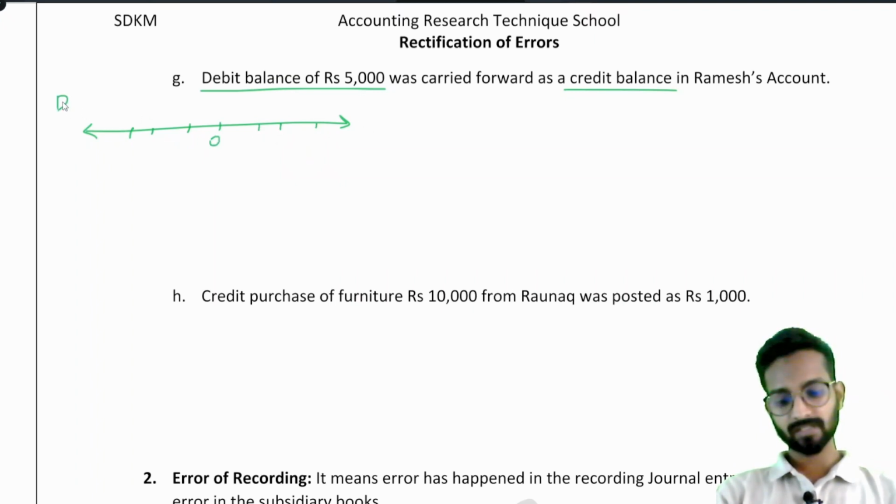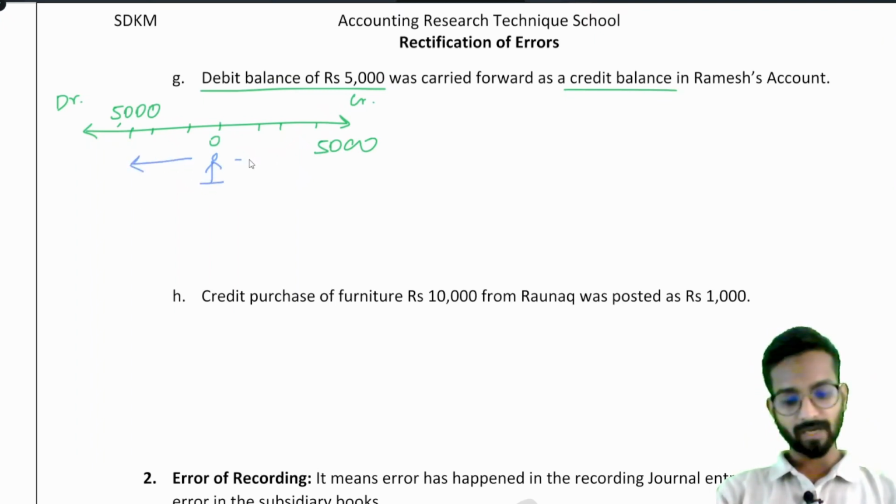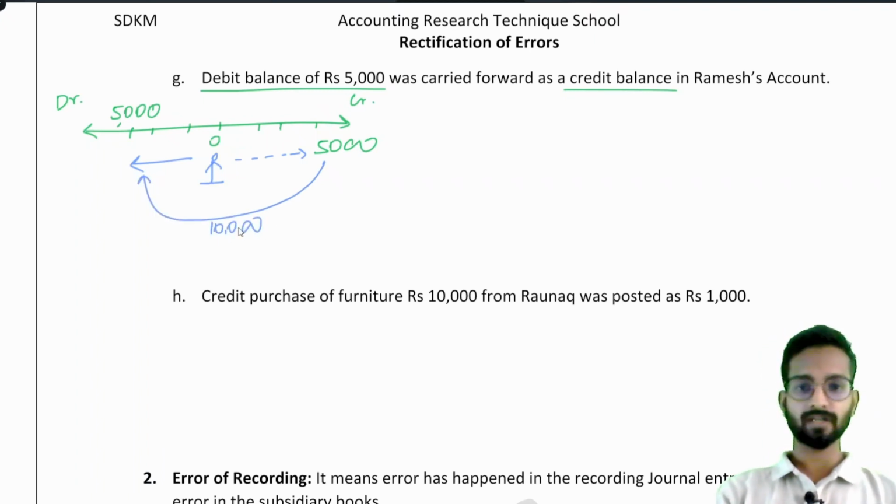Now debit side, credit side. We had to write 5,000 rupees on the debit side, but by mistake we wrote 5,000 on the credit side. So understand this, I was standing here, I had to go here 5,000 steps, but by mistake I went there. So how much do I have to travel back? I have to travel entire 10,000. Understood? I have to travel 10,000 steps on the debit side.